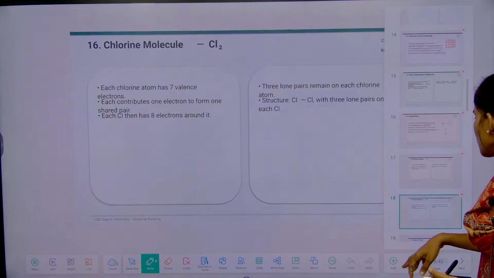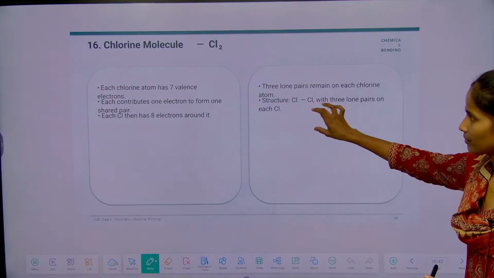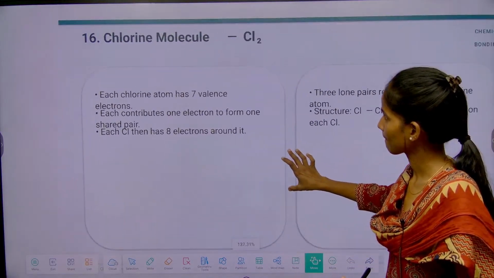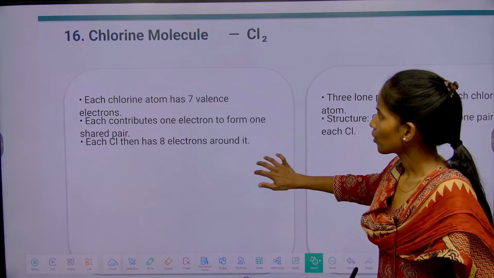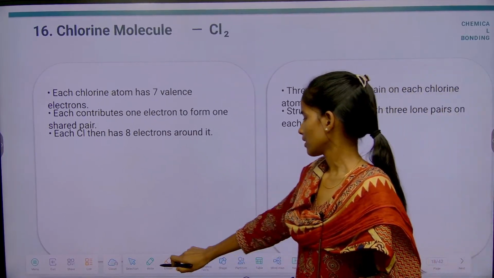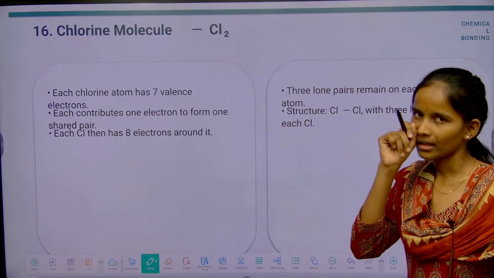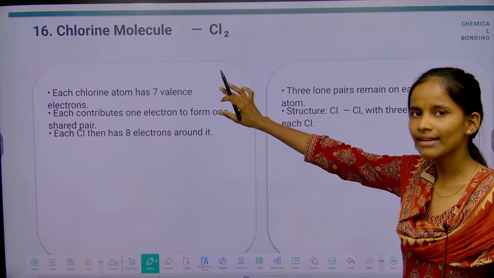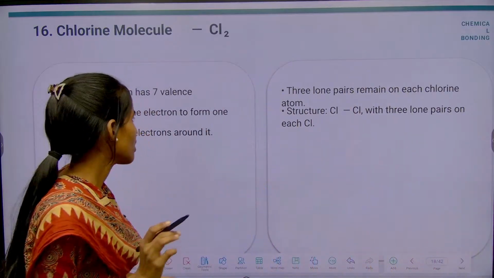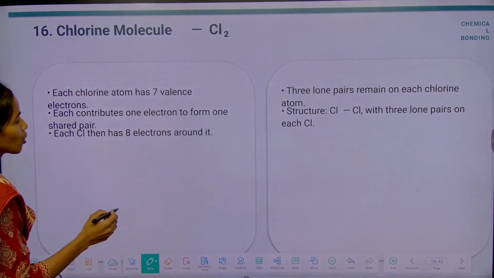First, see the chlorine molecule. How many electrons are there in chlorine in total? 17 electrons are there. Coming to the valence electrons, 7 valence electrons are there. So what is happening with two chlorine atoms?